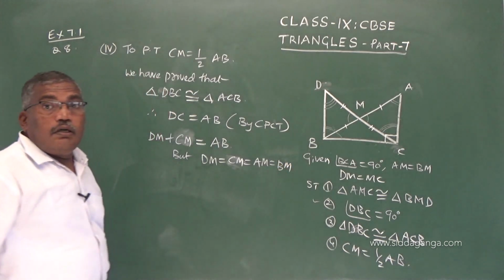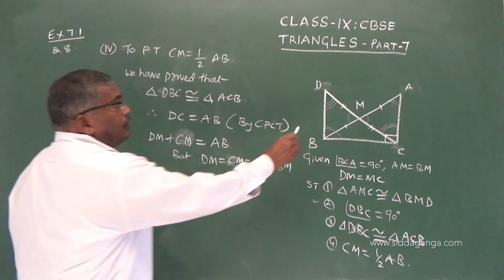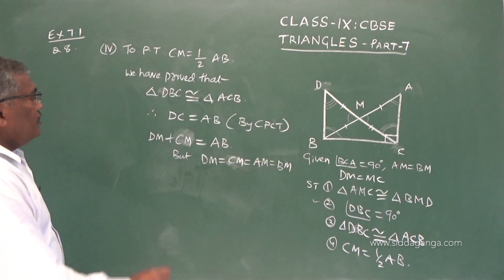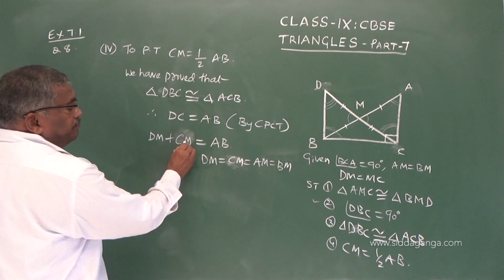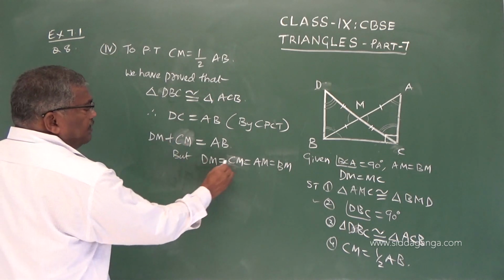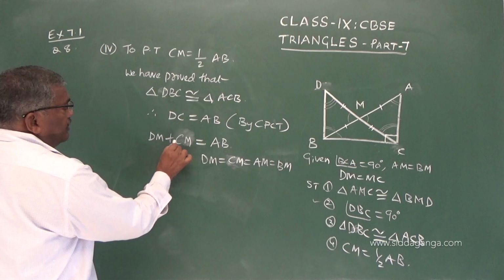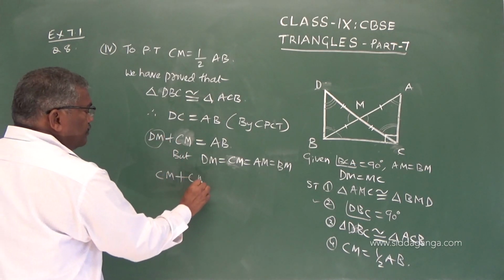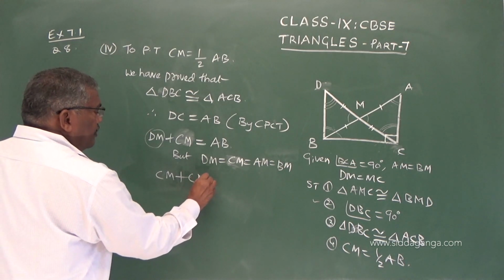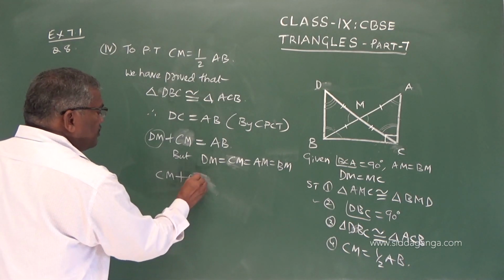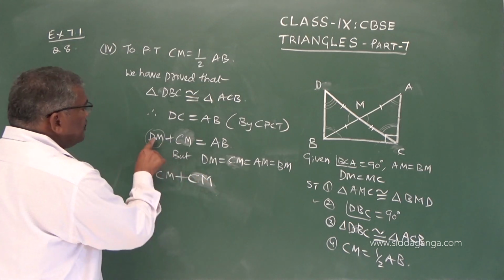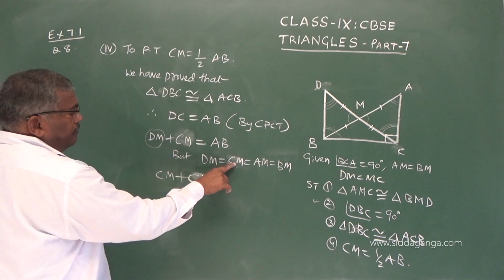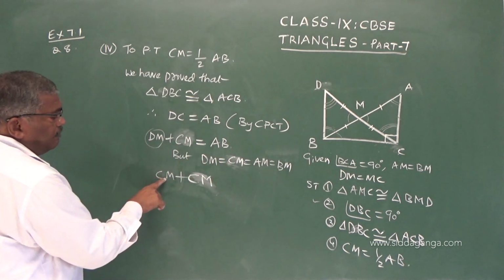So all are equal. So all 4 parts are equal. Therefore, when DM and CM are the same, instead of DM I will write CM plus CM.